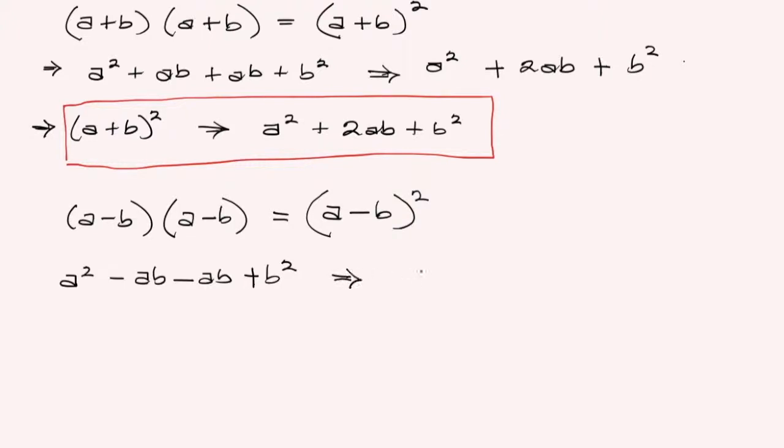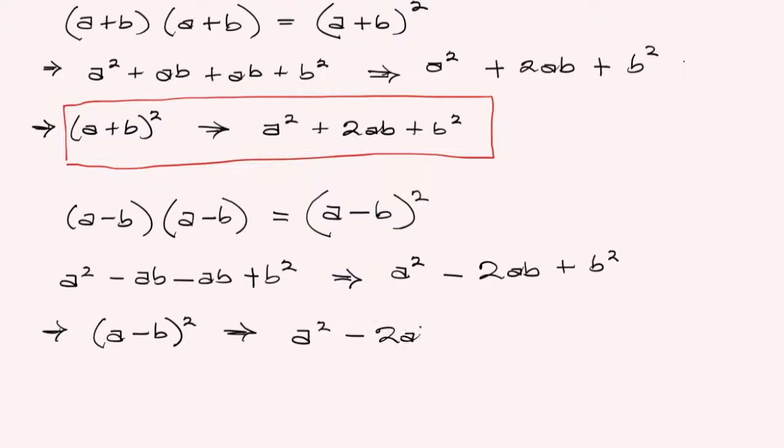And this is the same as a squared, minus ab minus ab is minus 2ab, plus b squared. So if we have a minus b squared, this is the same as a squared minus 2ab plus b squared. We'll also take note of this.